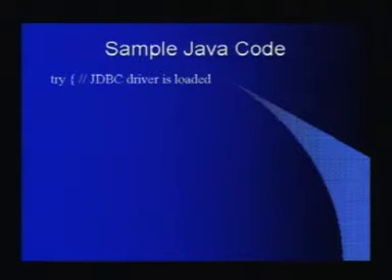Try. Here I am trying to load the JDBC driver. Try is a keyword in Java, and in case there is an error in this particular block enclosed by try, then it results in an exception. So, you have a block which is enclosed in try, and any problem in try will result in an exception, and the control will be transferred from the try block to the catch block.